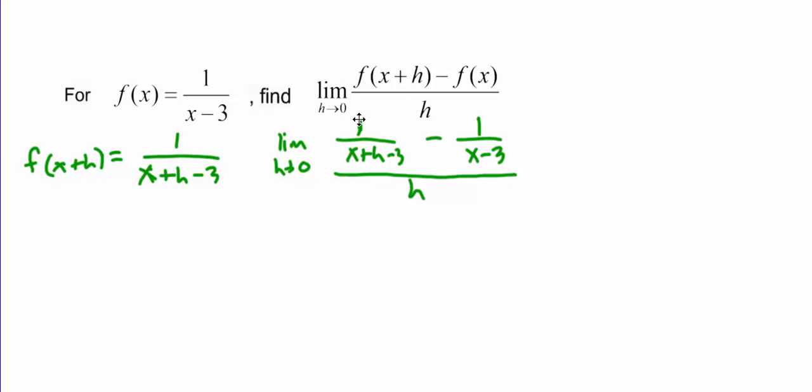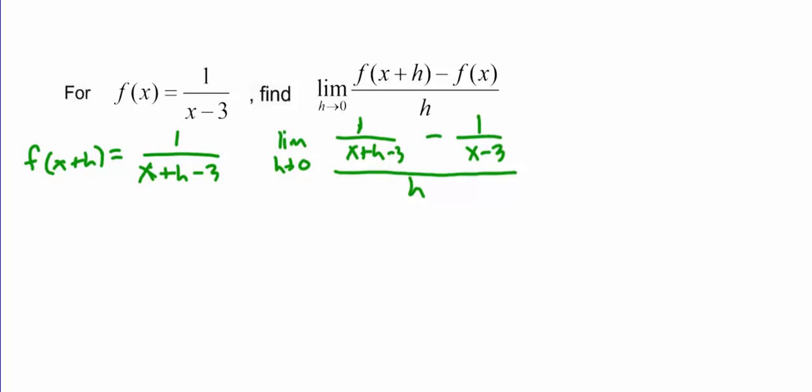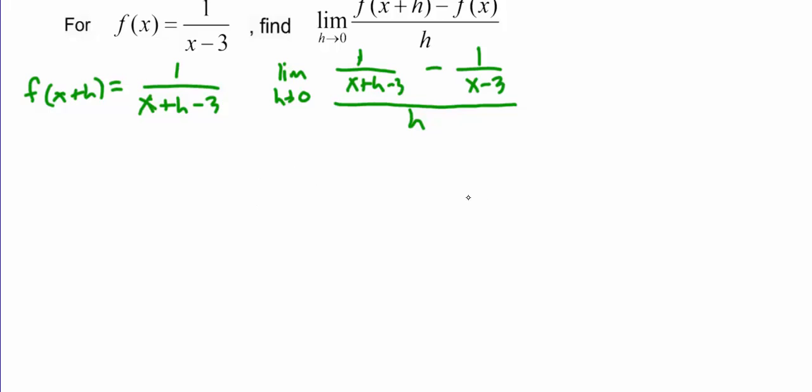All right, that looks a little scary. I get that. It is. There's no way around that. But let's just do this one piece at a time. Common denominator up here. So it's going to be the product of x plus h minus 3 and x minus 3. So I need to multiply both of those terms. You've done this many times, probably in more complex situations than this even, where we can just get a common denominator.